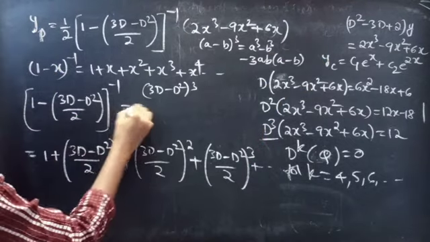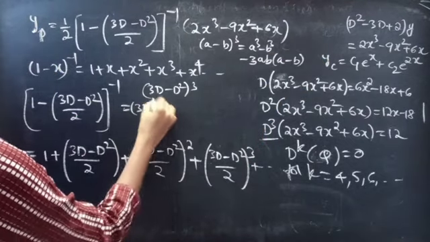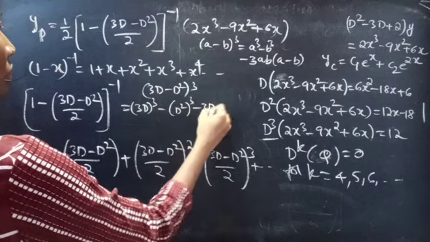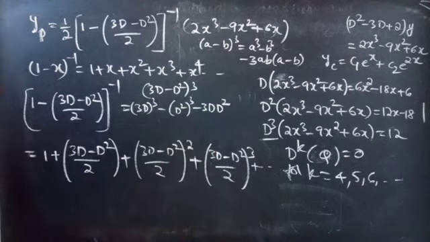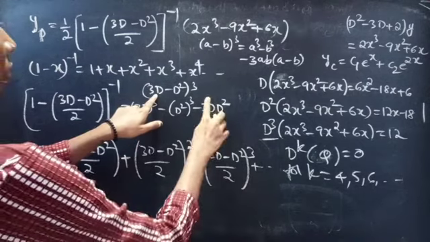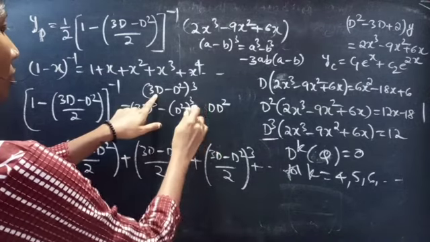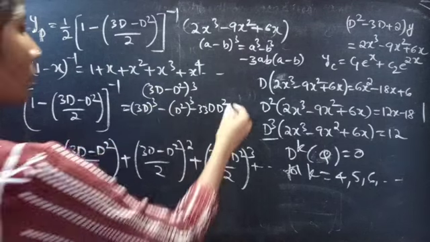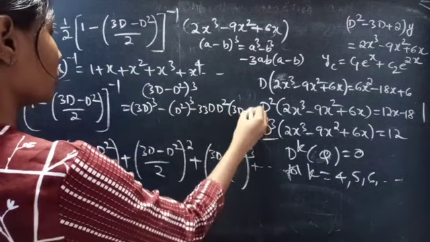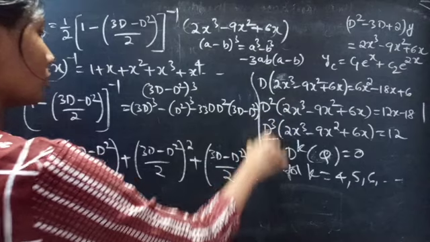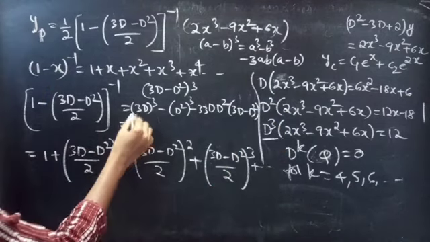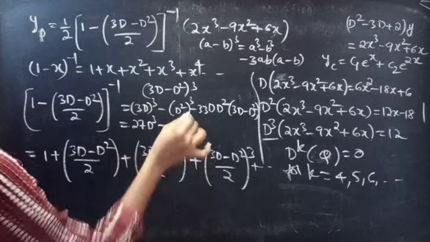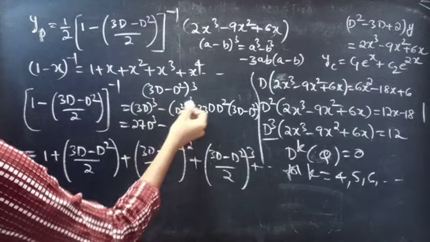This equals (3d) whole cube minus (d square) whole cube minus 3 into 3d into d square into (3d minus d square), which is 27 d cube minus (d square) whole cube.